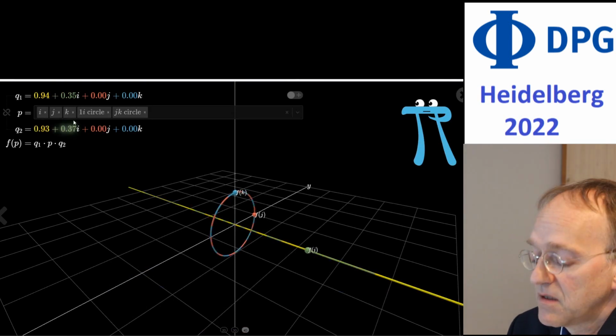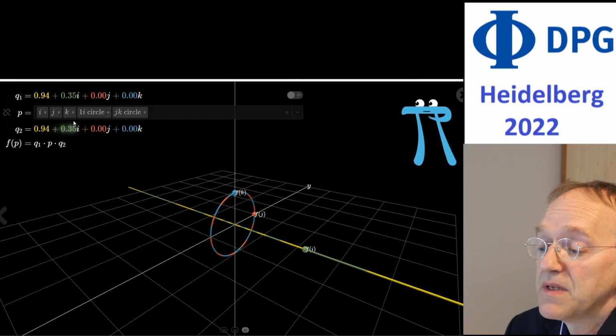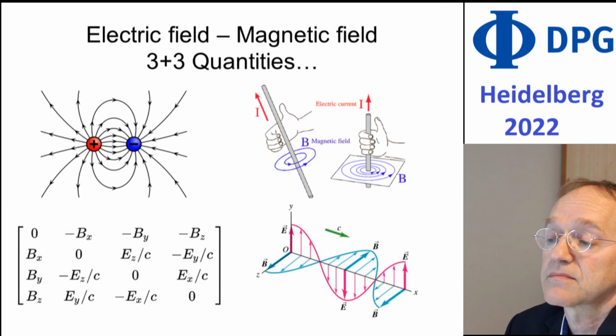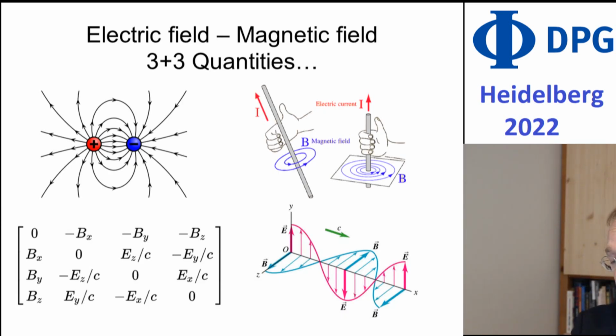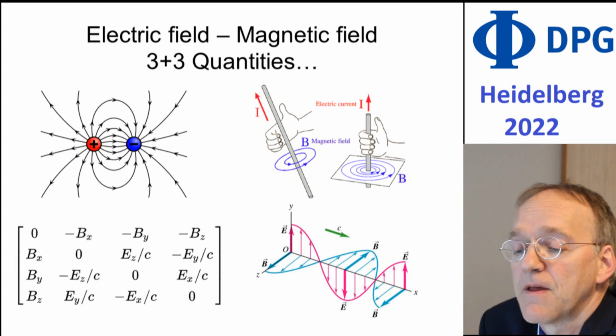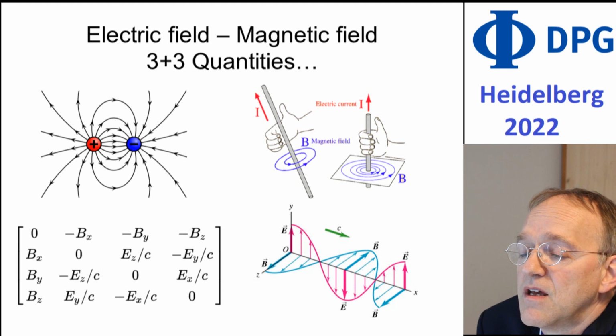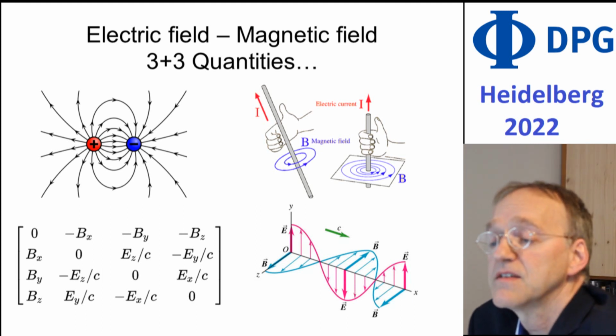And so the guess would be that maybe electric fields can be related to pure rotations, and magnetic fields could be related to these shifts. We have 6 dimensions in both cases.